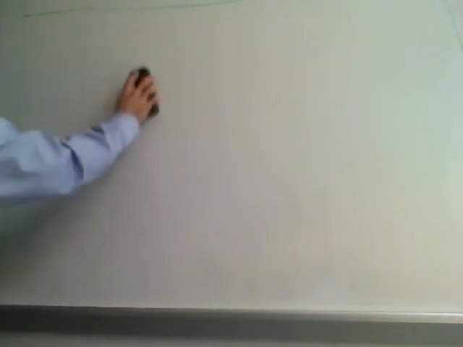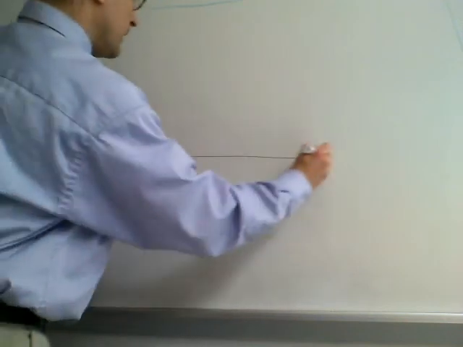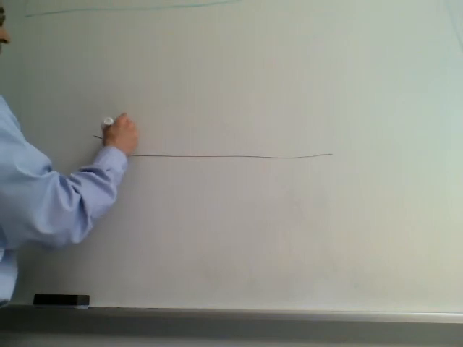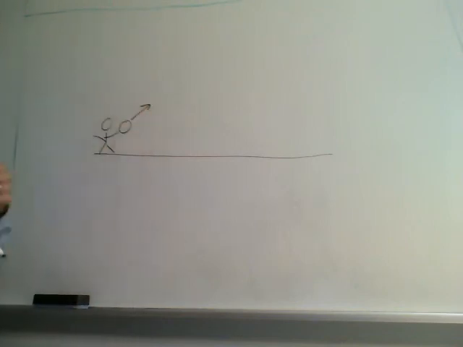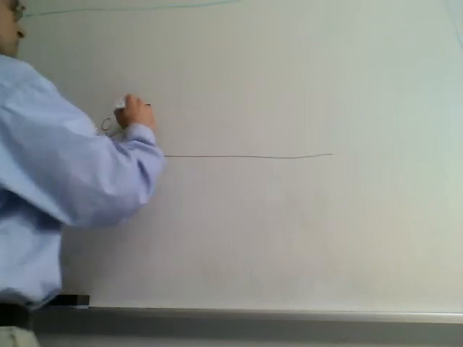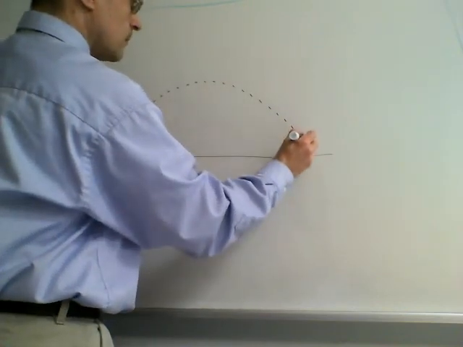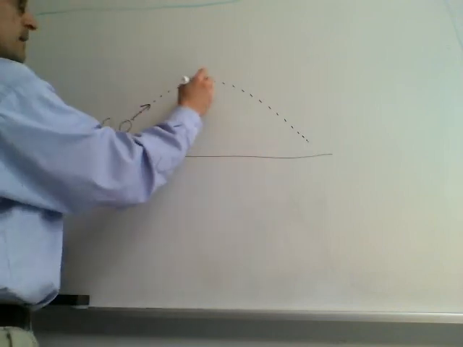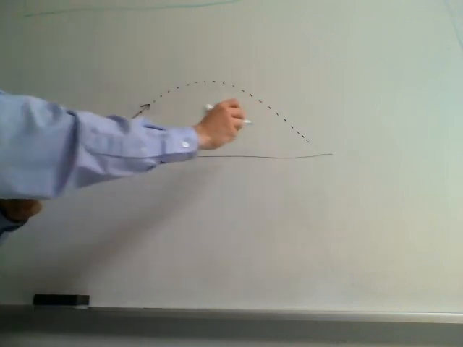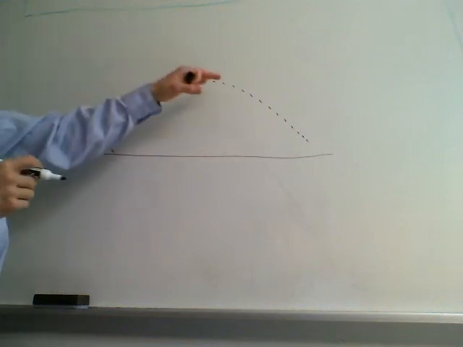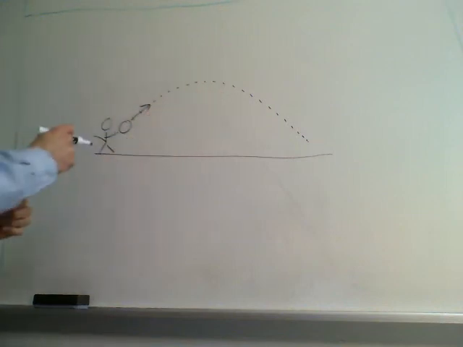Now, if you're standing here on the ground and you want to throw your projectile up, it turns out when you throw a projectile, it's going to take a certain path, and the path that projectile motion takes when you launch something into the air is a parabola.